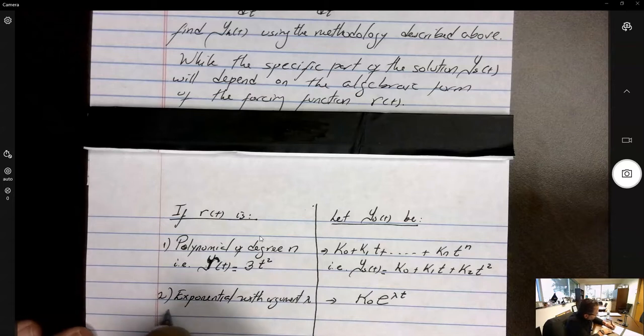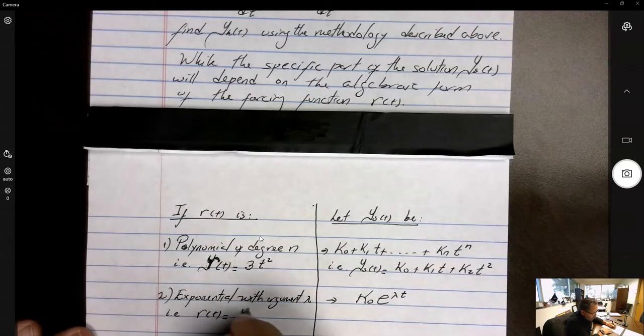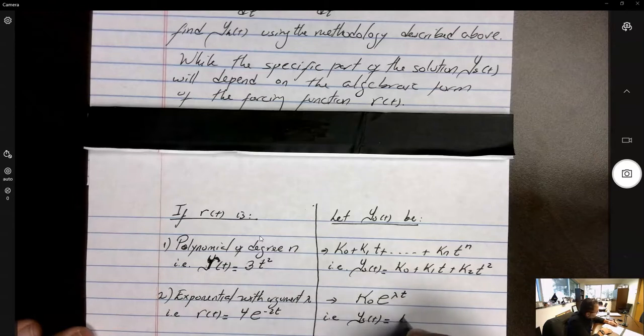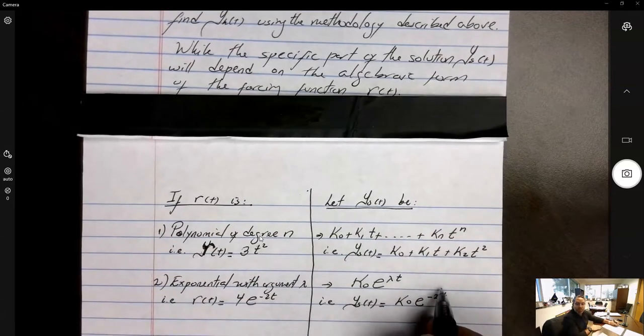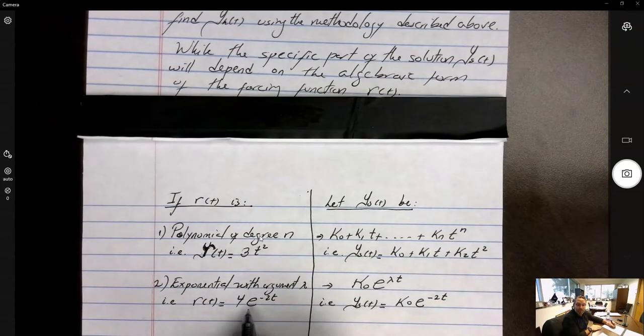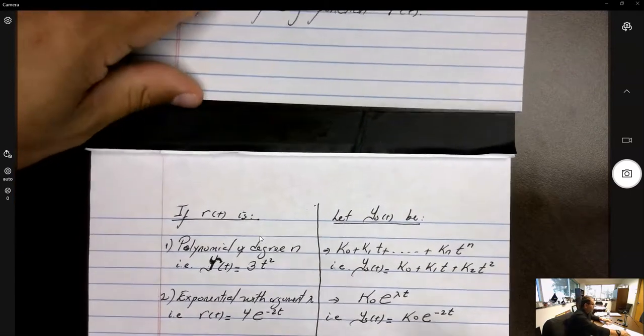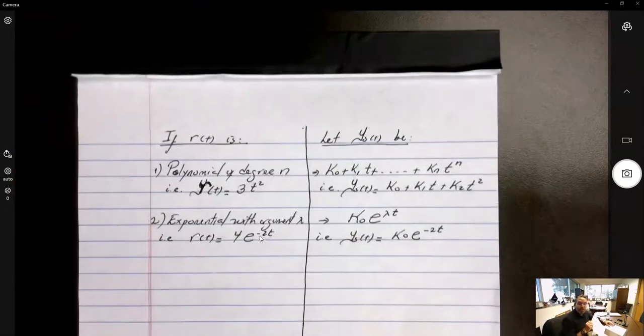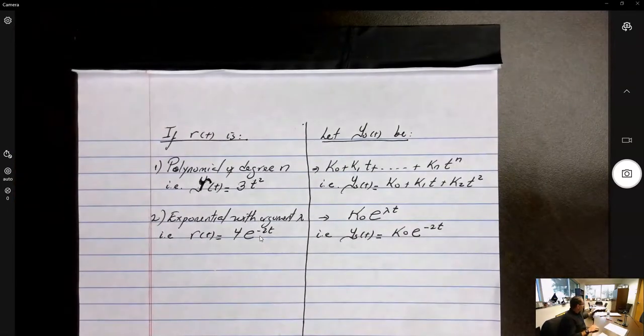So for example, if r of t is 4 times e to the minus 2t, we expect then that the solution ys of t should be k0 times e to the minus 2t. Should be exponential with the same argument minus 2. Not the constant that multiplies the exponential. We'll replace that by an unknown parameter k0.